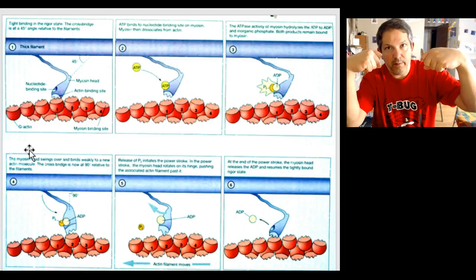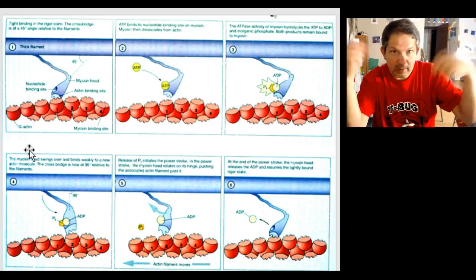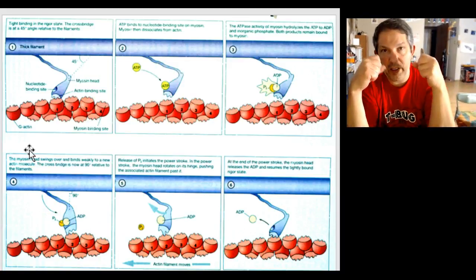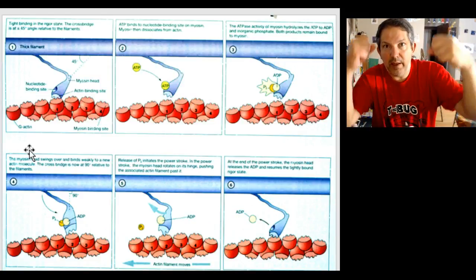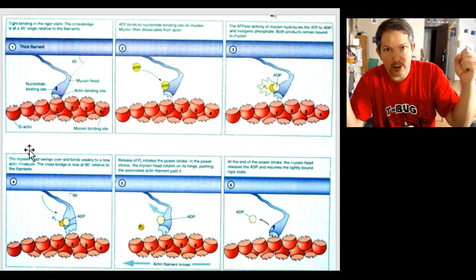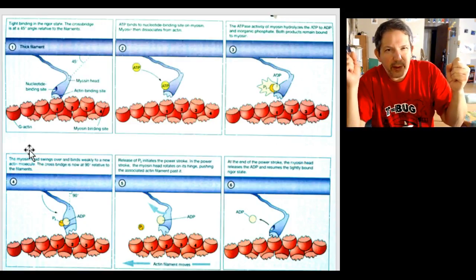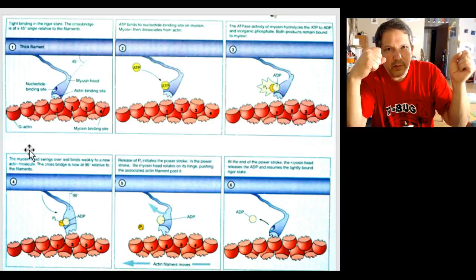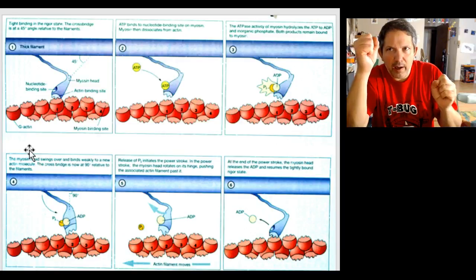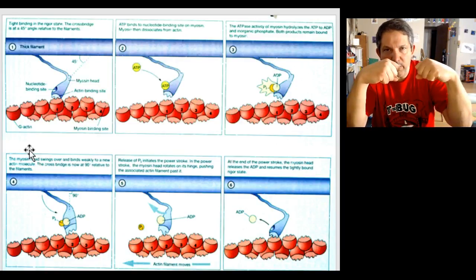Well, they'll keep on ratcheting as long as there's ATP present. But what happens when they're out of ATP? They don't let go, because to let go, you have to have ATP to let go and cock. And so the last thing your muscles do when they've run out of ATP is one final grab on and do a power stroke.